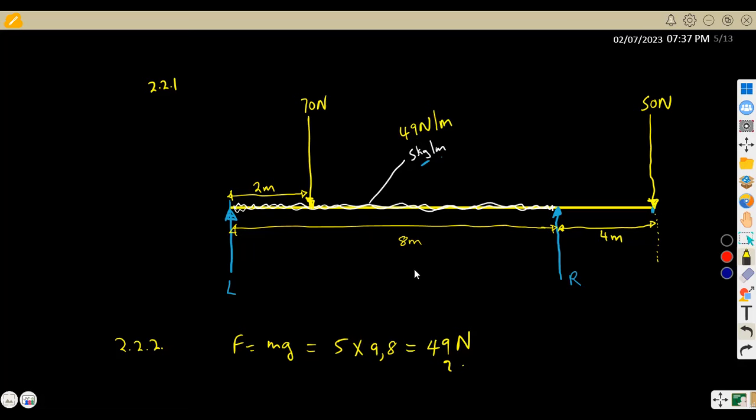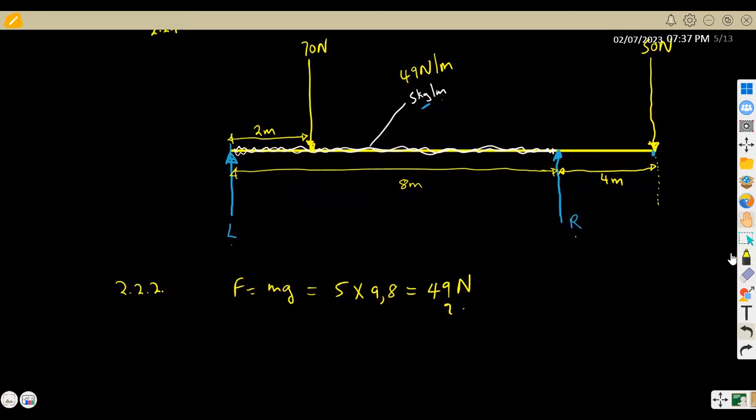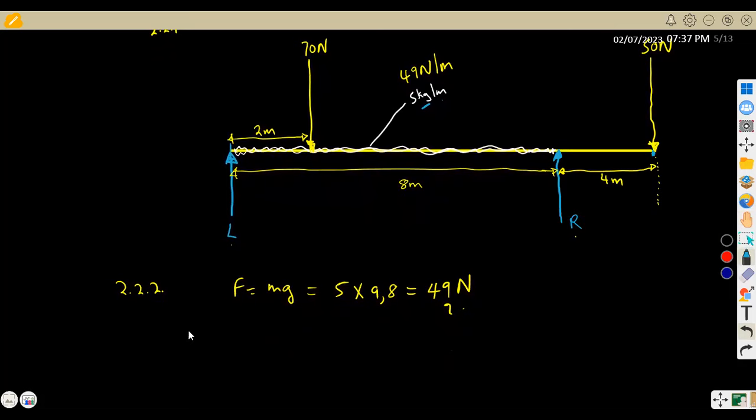The question was for us to calculate the reactions that we have at the supports, that is L and R. Let's say we are taking moments about L. Let's see what is going to happen here. If we consider L in this case, I want us to see something here, guys.